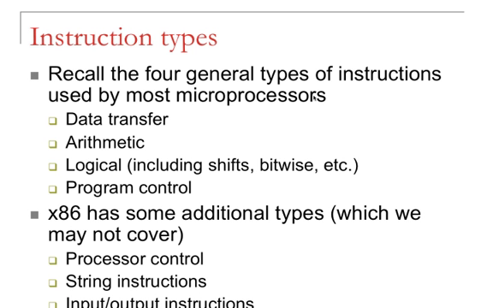For example, processor control: you can have instructions to change the operation mode of the processor, or go into an interrupt service routine. The other type is string instructions, where the microprocessor can process a stream of data within one instruction. Also, there are input and output instructions, which are designed to interact with devices mapped to the I/O address space.